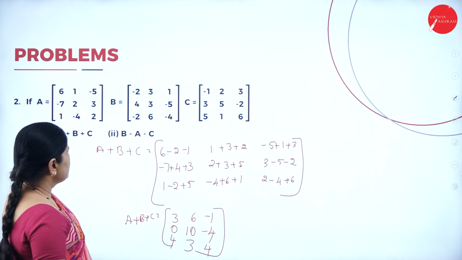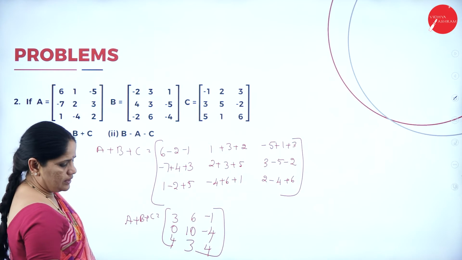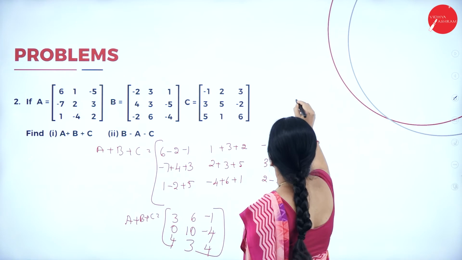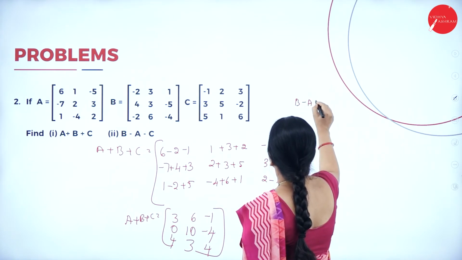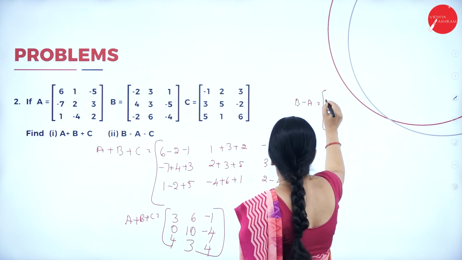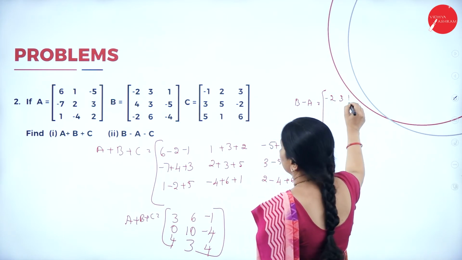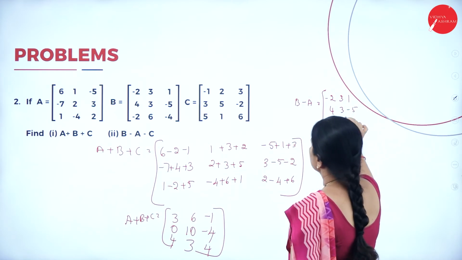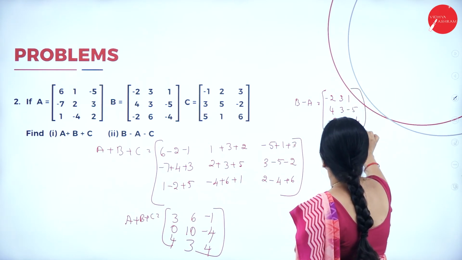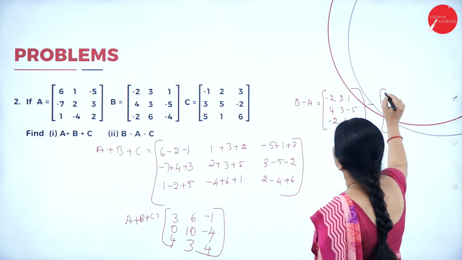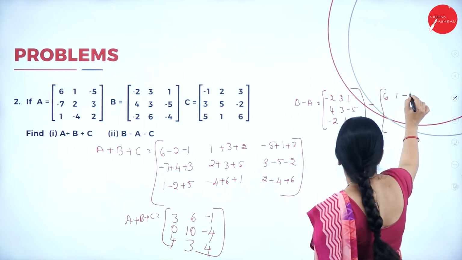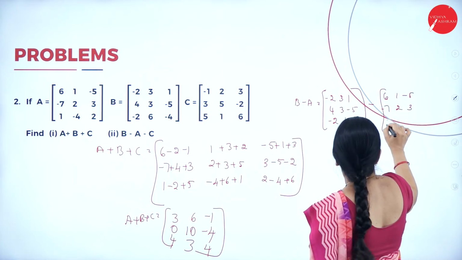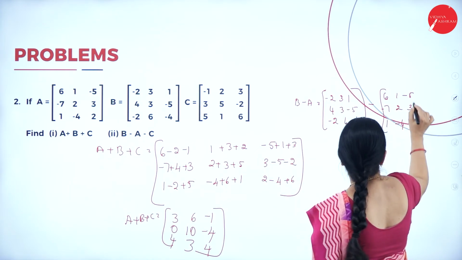Now we need to find out B minus A minus C. Now we write B minus A will be equal to minus 2, 3, 1, 4, 3, minus 5, minus 2, 6, minus 4, minus A equals 6, 1, minus 5, minus 7, 2, 3, 1, minus 4, 2.